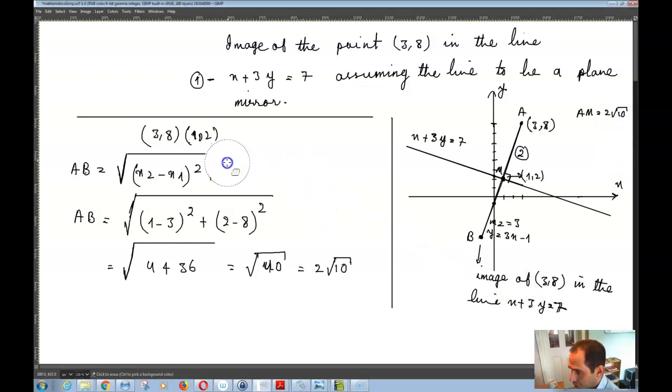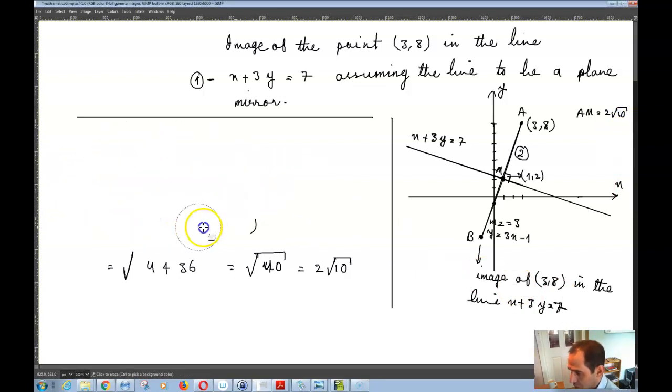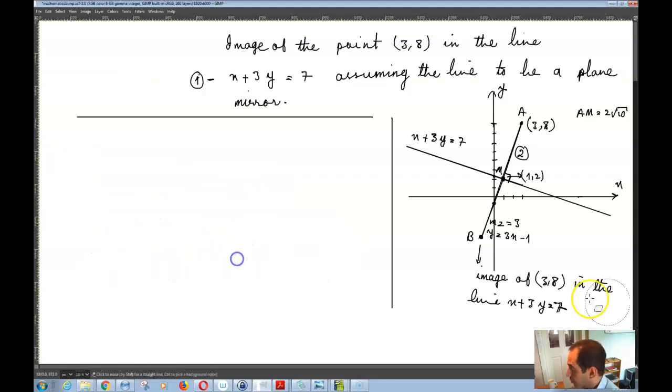Now, what we need to do is use this formula, D is equal to the absolute value of Ax1 plus By1 plus C over the square root of A squared plus B squared. I know that this is a perpendicular distance, not just ordinary distance.